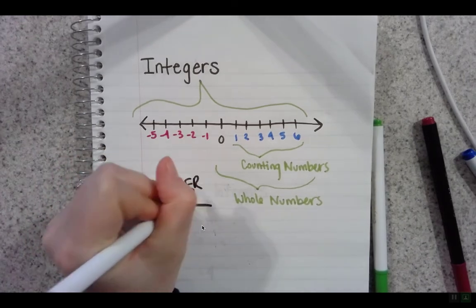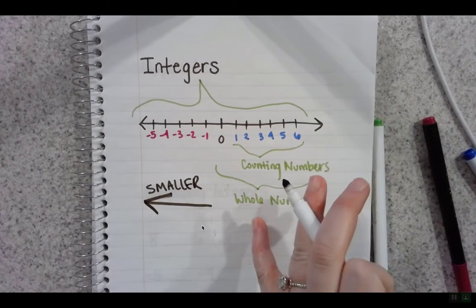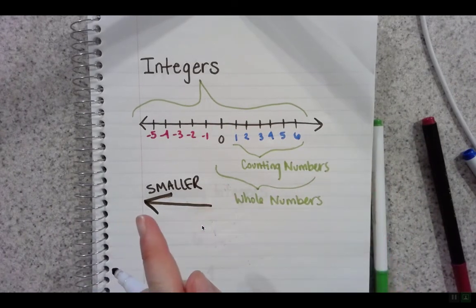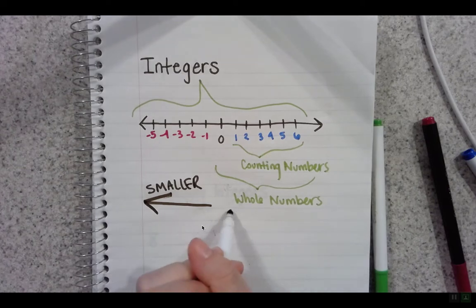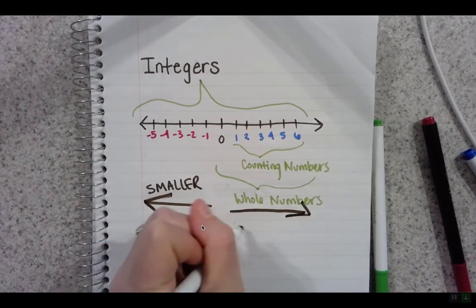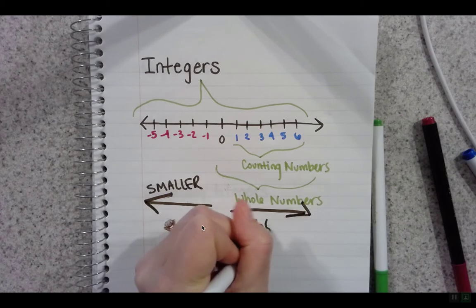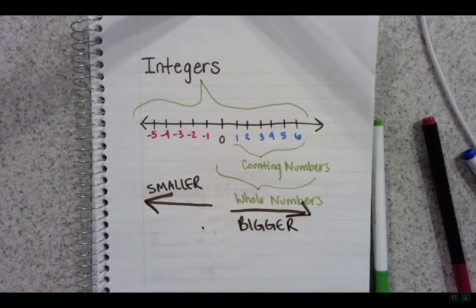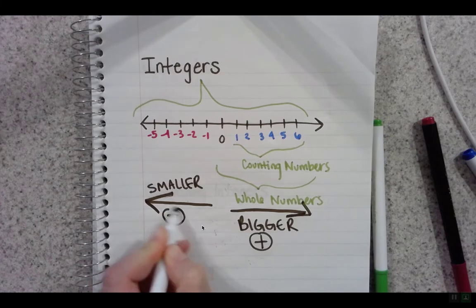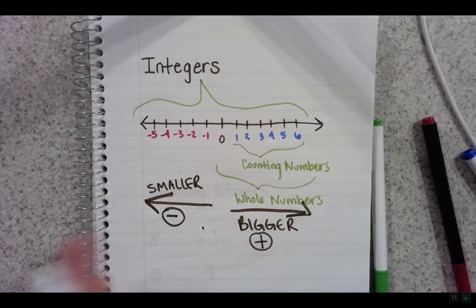Okay, so no matter where you're at on the number line, if you move to the left, you're going to move towards smaller numbers. And oppositely, as you go to the right, numbers get bigger. So if you're doing an addition problem, you're going to be moving right because adding makes your final answer get bigger. If you're doing a subtraction problem, you're going to be moving to the left because subtraction causes your number to get smaller.